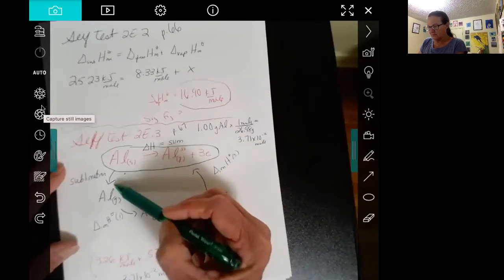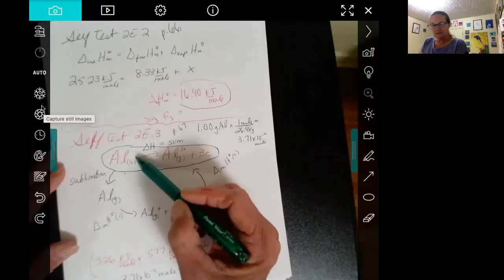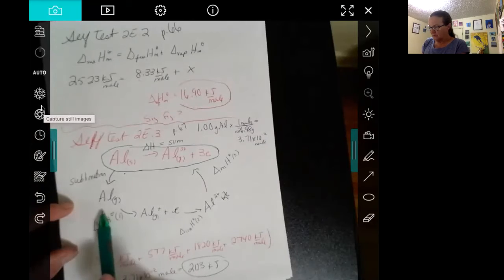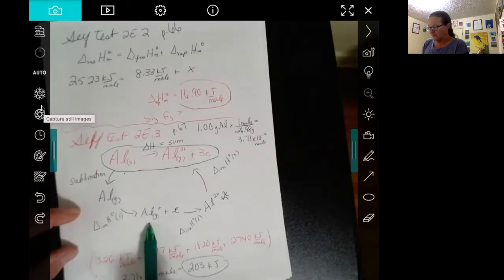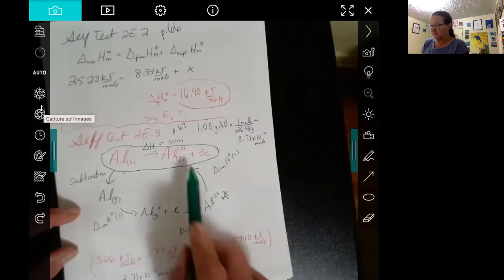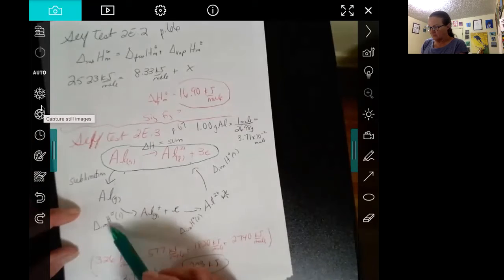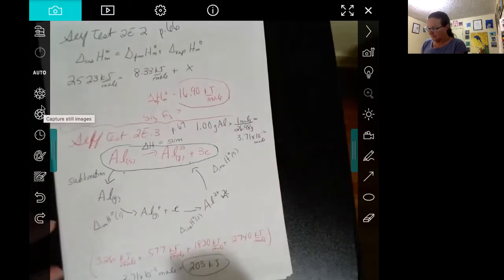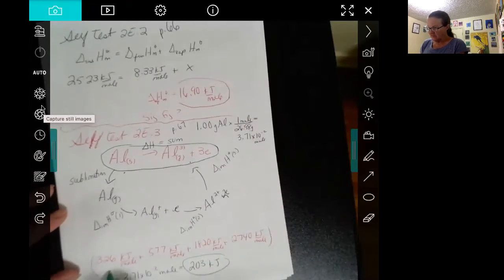The first is sublimation. So take the aluminum solid and make it into aluminum gas. Then the next would be take 1 electron off, take 2 electrons off, take the 3rd electron off. So this would be the first ionization enthalpy, the second, the third. So we're going to add together the sublimation enthalpy, the first ionization energy. Notice they get bigger and bigger.